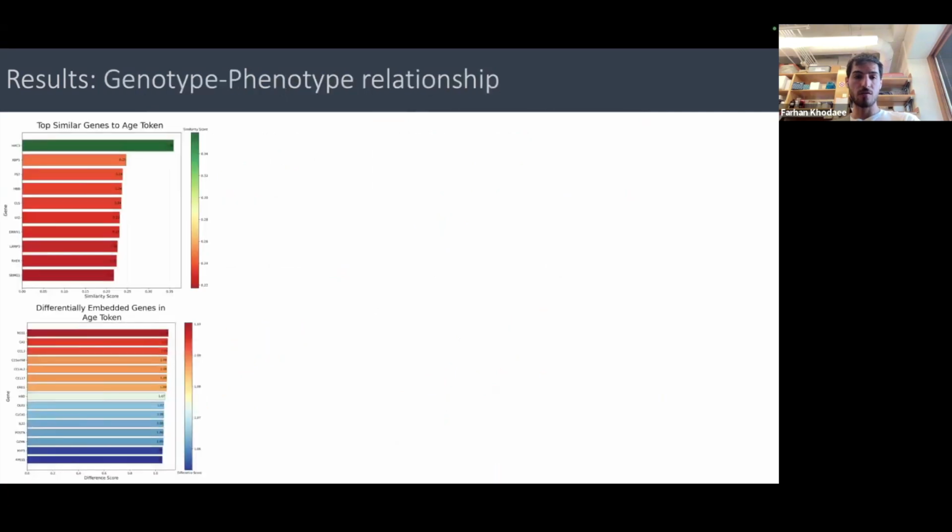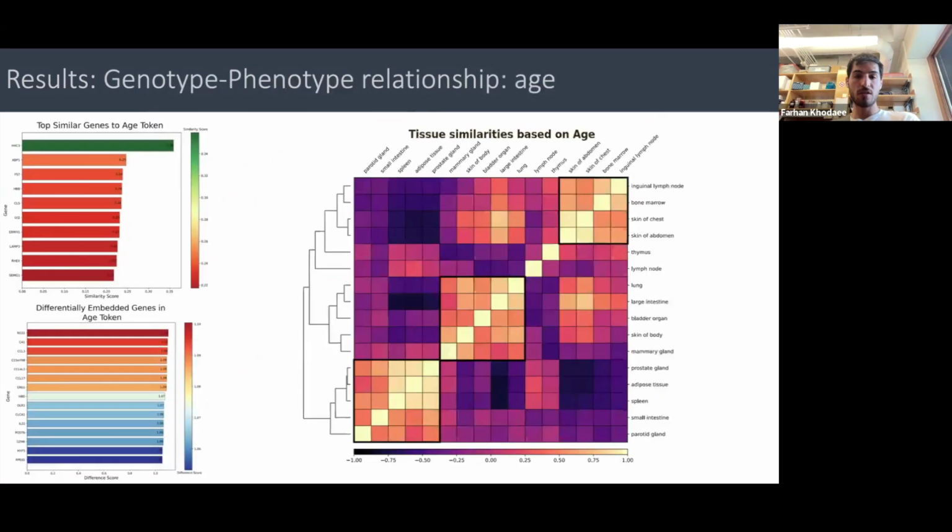I'm rushing through this data, but focusing on age again, something we found really interesting was that different tissues age differently. When you characterize tissue phenotypes based on age, you can see that some tissues are more similar to others in the process of aging.